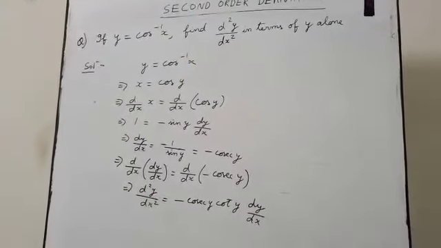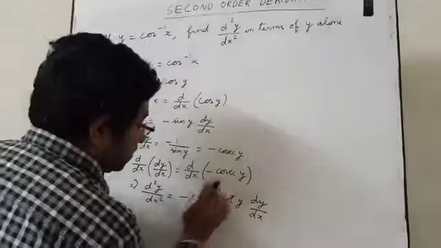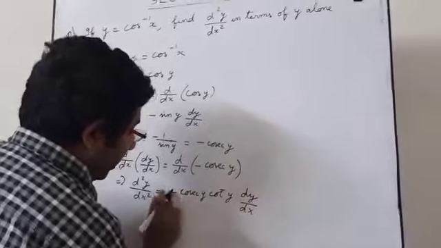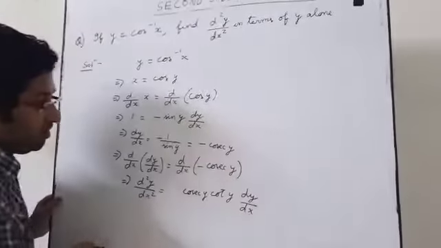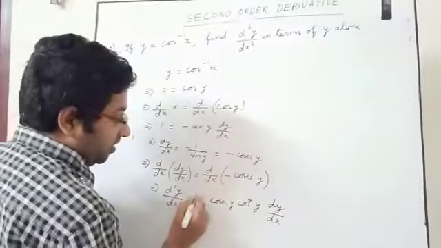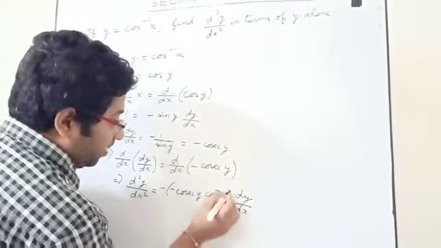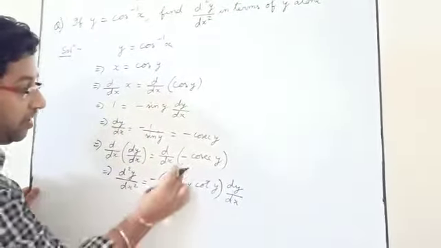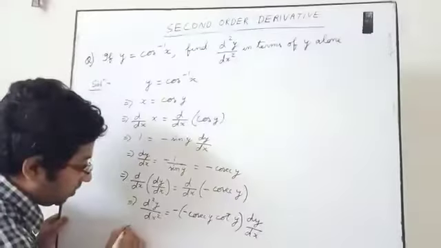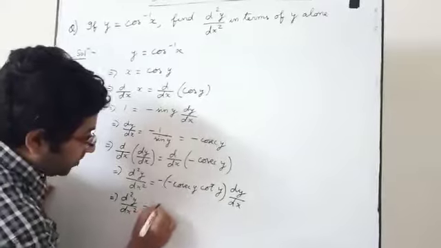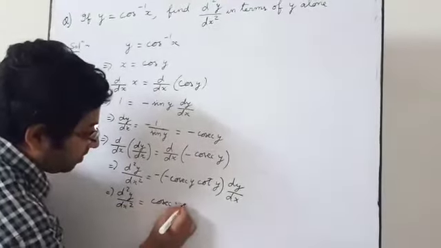d/dx of minus cosec y: the derivative of cosec y is minus cosec y cot y into dy by dx, and the minus sign is already there, so it becomes plus. So what have you got? d2y by dx square equals plus cosec y cot y into dy by dx.